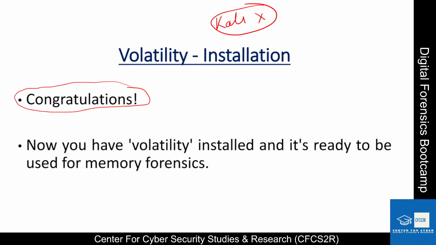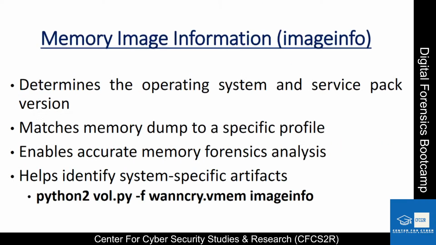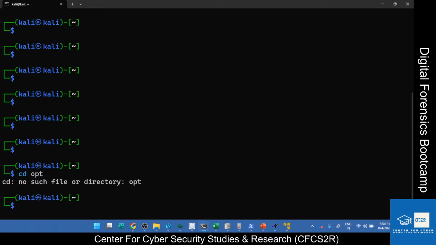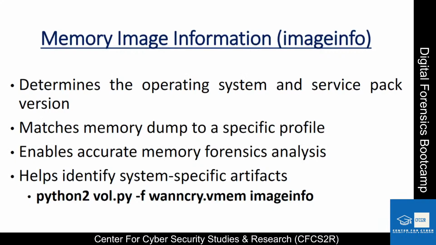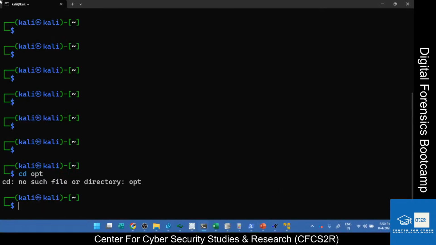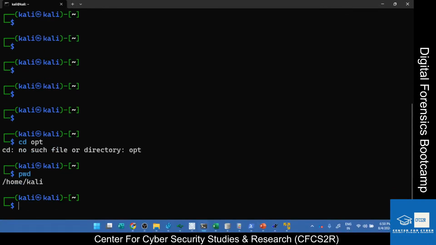Now if we come back to our presentation, when we have installed Volatility, we have to run certain commands to do the basic functionality. So let's see our present working directory.